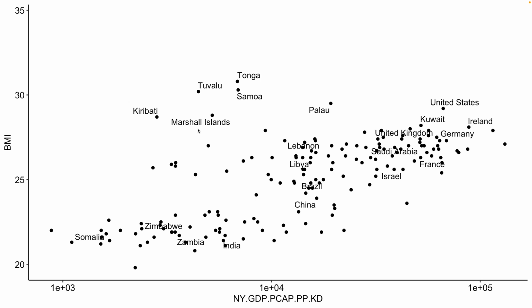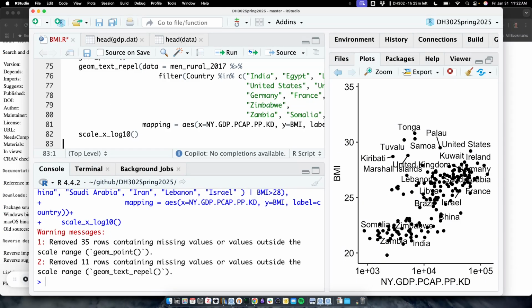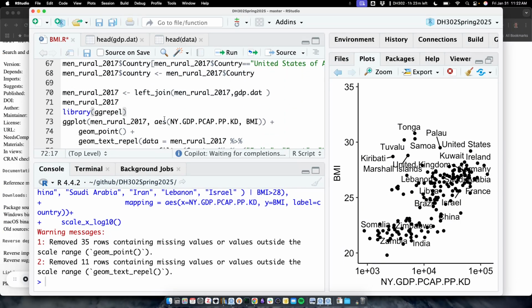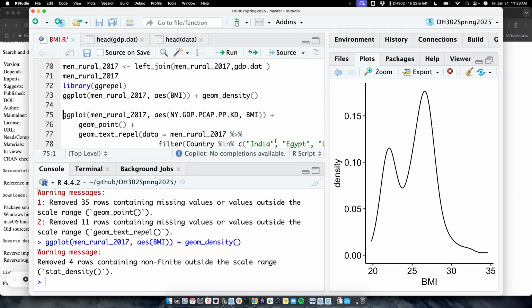So bimodality comes from your BMI, right? Bimodality comes in this fashion. You have more points here, right? Just so that we all understand where the bimodality is coming from, this bimodality still remains.